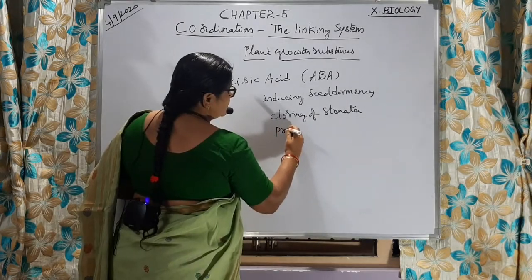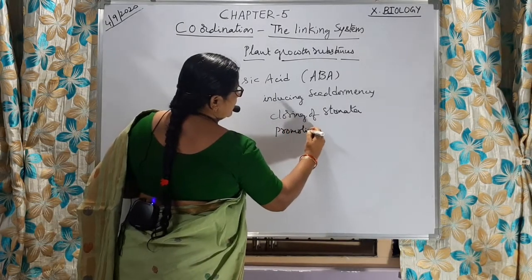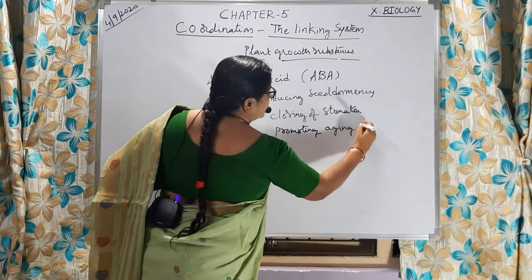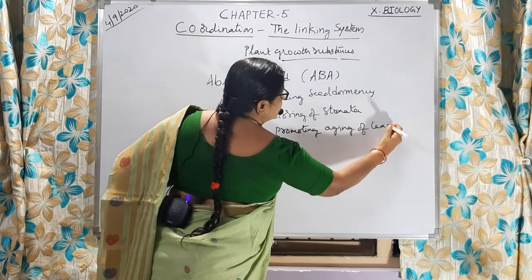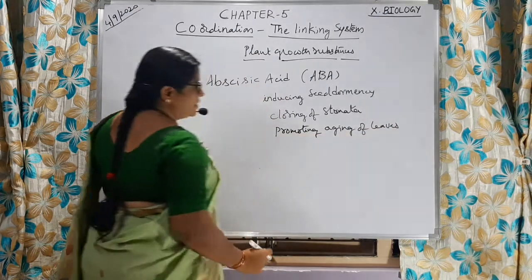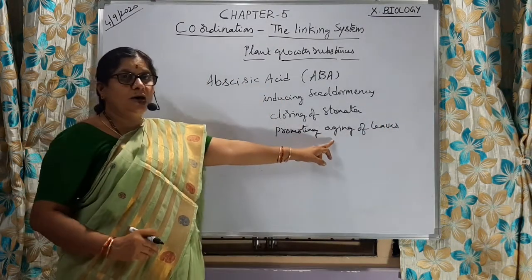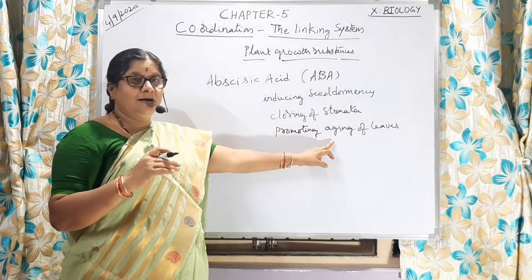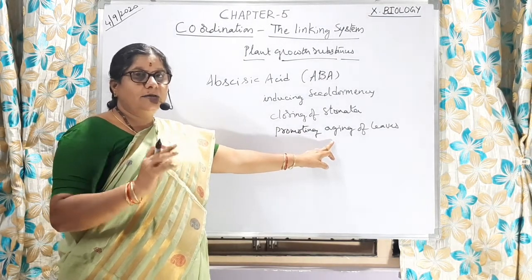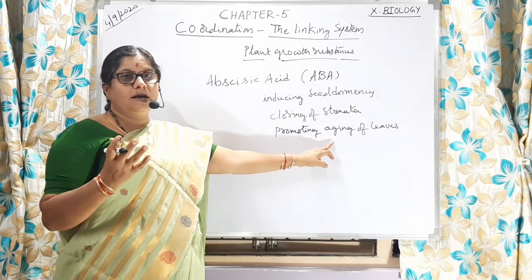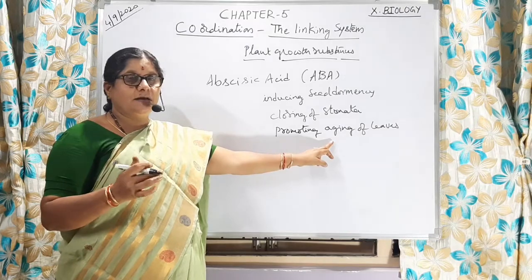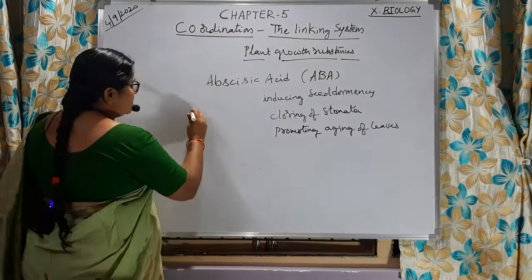Promoting aging of leaves. Because the leaves are becoming old, the chlorophyll will be lost, it is exhausted, then the leaves turn yellow in color, slowly they start falling. How is falling of leaves happening?